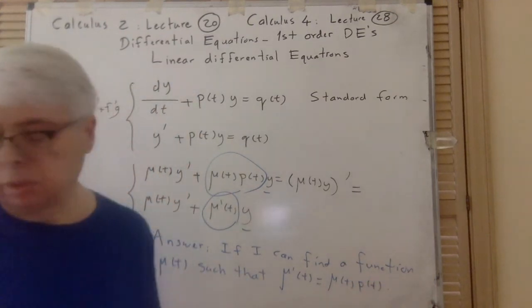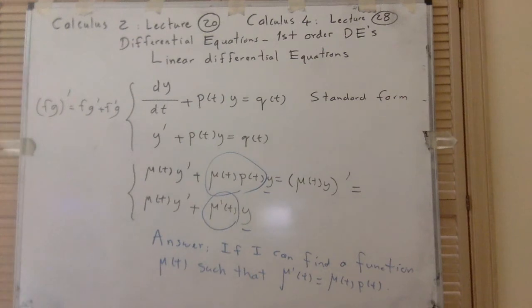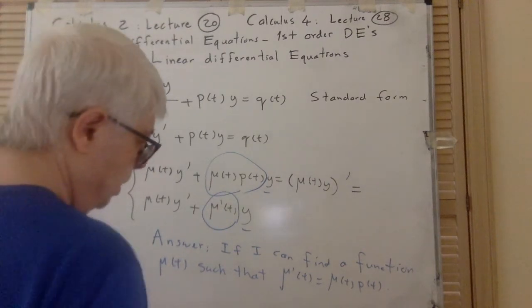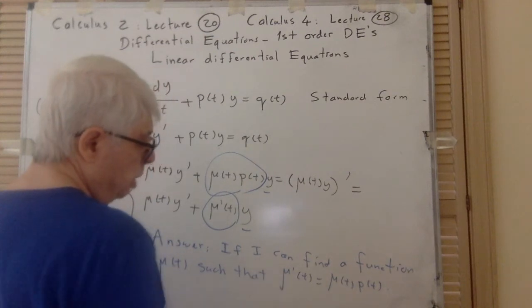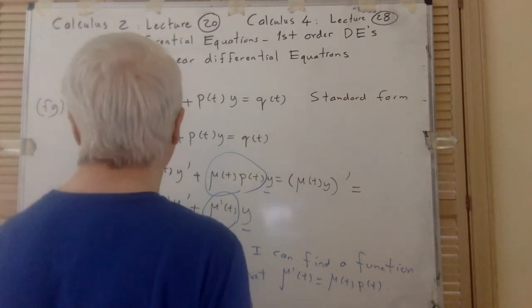Okay? The answer is yes. If I can find a function mu(t) such that mu prime(t) equals mu(t) p(t). Okay, so let's look at this. This looks like a differential equation, right? What is it? It's mu prime, and on this side I have mu(t) and p(t).